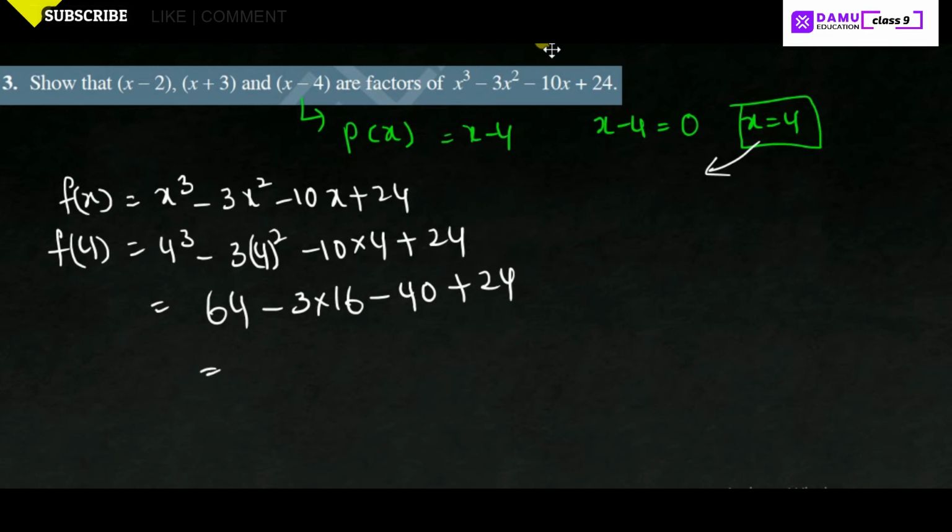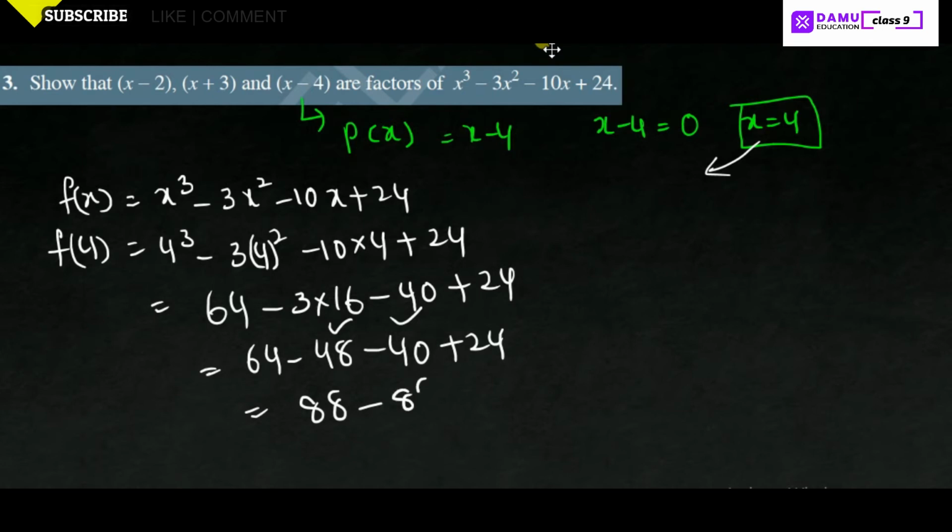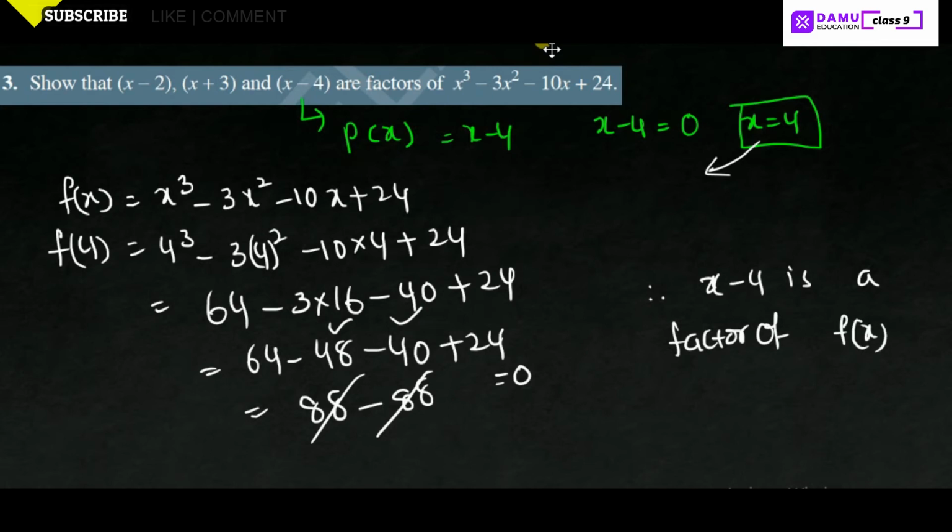So 64 plus 24 is 88, and minus 48 minus 40 is also minus 88. So we are going to cancel, and then you will get 0. That means x minus 4 is a factor of f of x. Like that we need to solve.